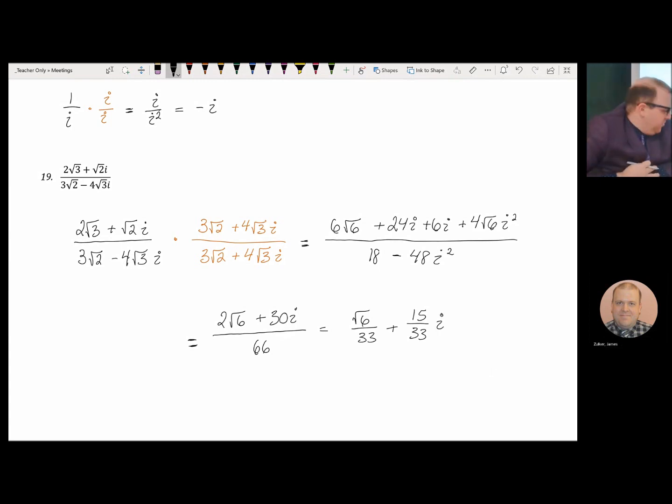And then when you simplify that, root 6 over 33 plus 15 over 33i. See, that wasn't so bad.